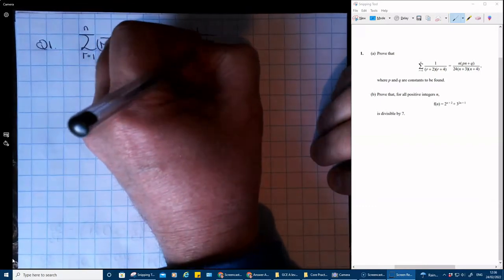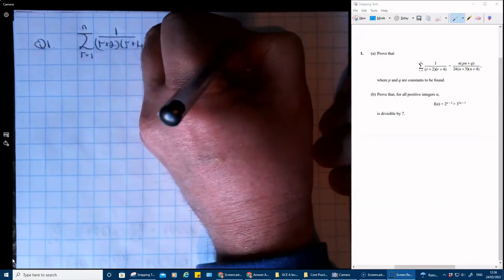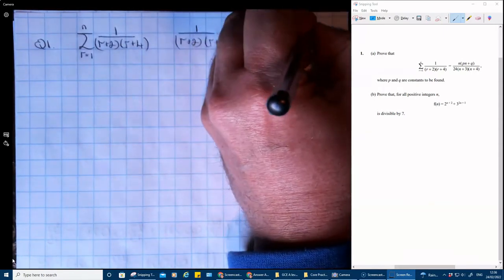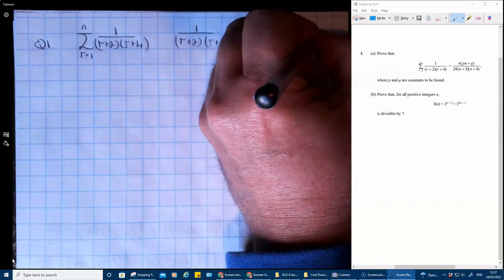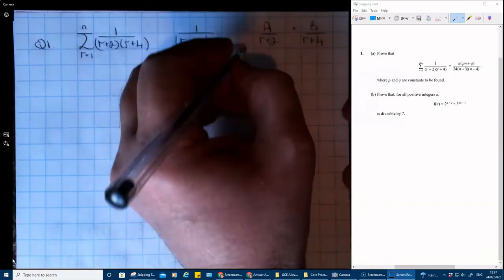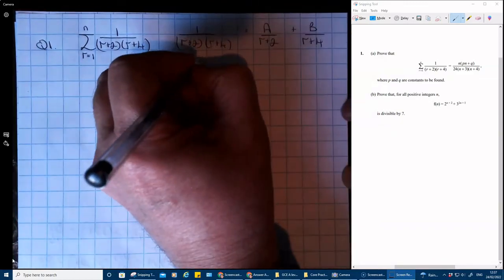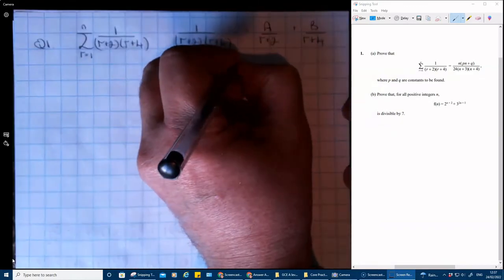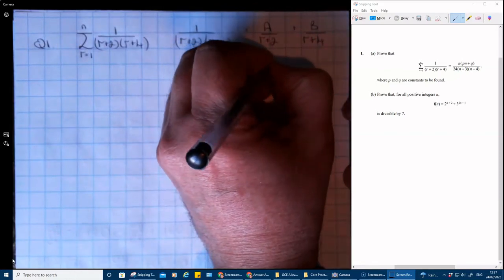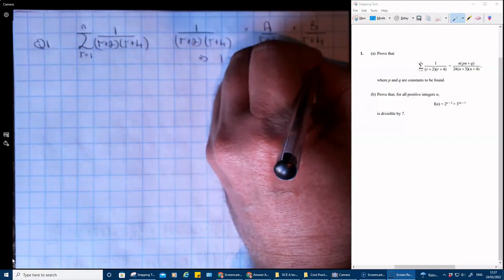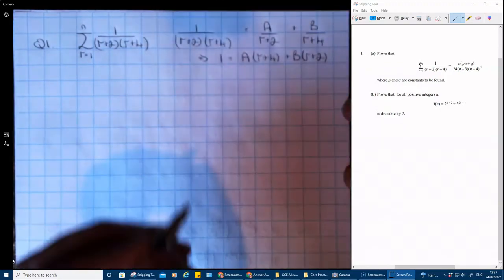So our first starting point is to write the fraction as two fractions. Then we give a common denominator, so we cross multiply them, and that tells us that 1 is a(r + 4) + b(r + 2), and the denominators will be the same.